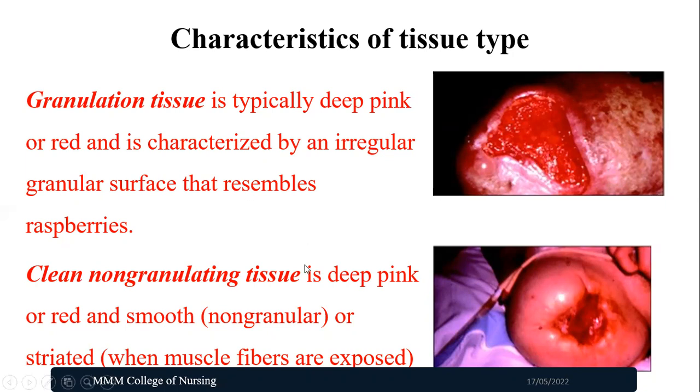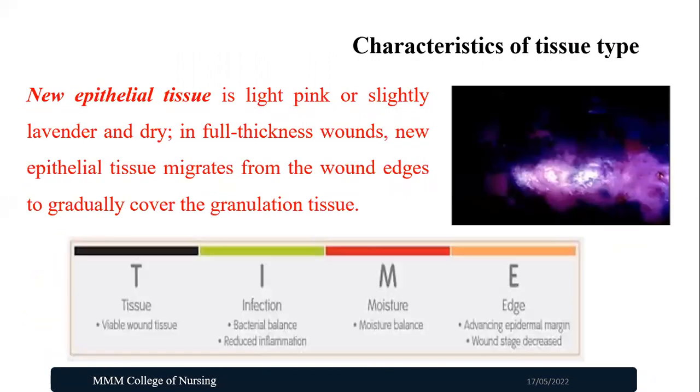Whereas clean non-granulating tissue is deep pink, red, or smooth, non-granular, or sometimes it may appear striated with fibrous muscles exposed. The third type of tissue is new epithelial tissue, which may be light pink or slightly lavender and dry, in a full thickness wound. New epithelial tissue migrates from the wound edges to gradually cover the granulation tissue.